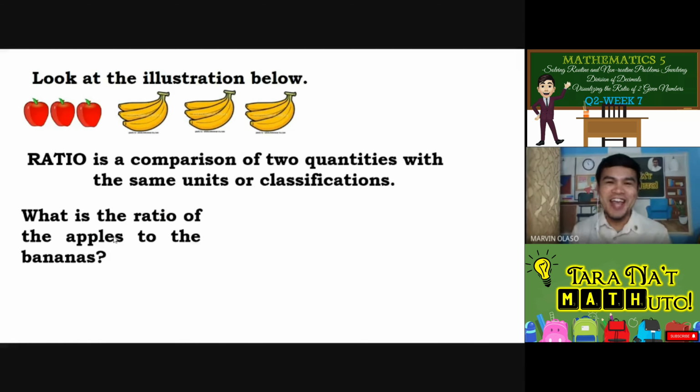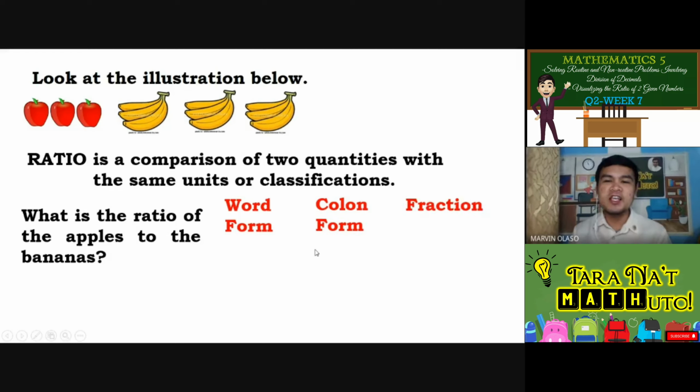Let us answer now. Ratio can be written in three forms, in three ways. And what are those? We have the first form, word form. The second, colon form. And the third is fraction form. So let us answer the question in all forms.